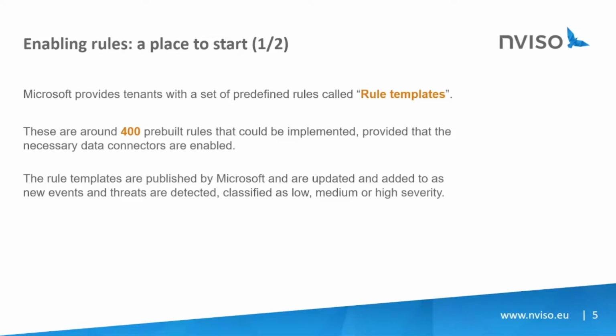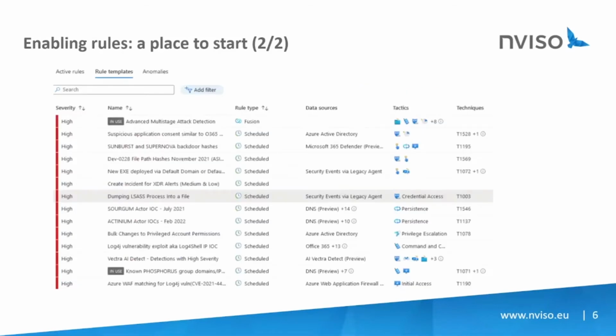So yeah, Microsoft indeed provides these rule templates, and they're continuously adding more and more. As you can see, this is a screenshot of the rule templates. You've got a lot of different kinds of rules with different severities as well.